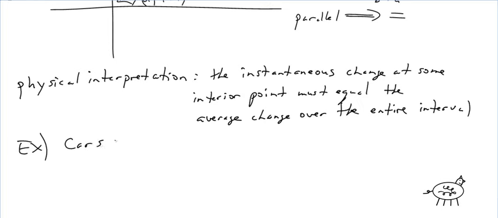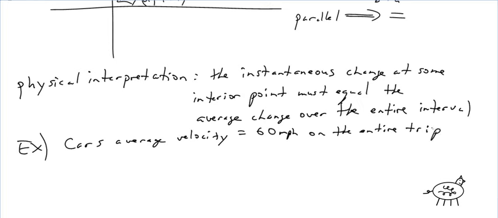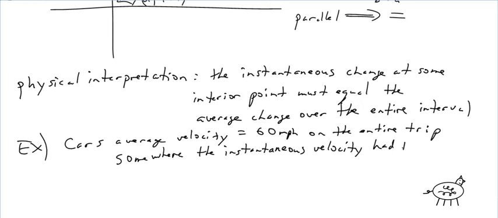If you have a car and the car's average velocity equals 60 miles per hour on the entire trip, somewhere the instantaneous velocity had to be 60 miles per hour.